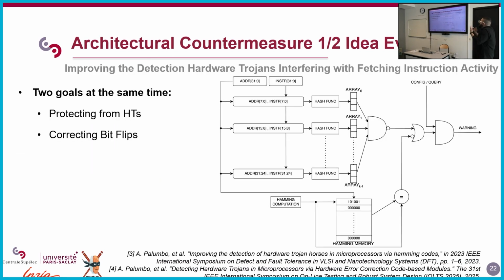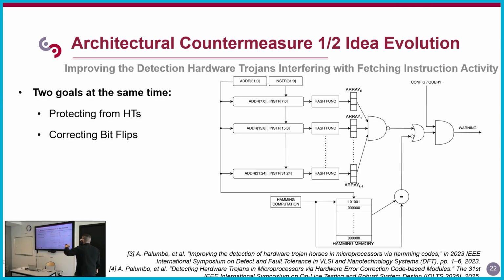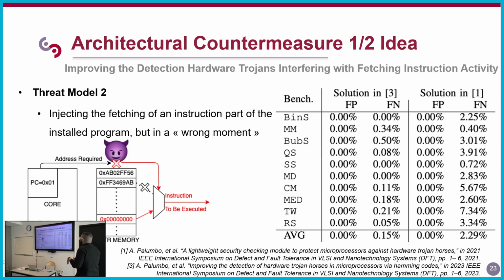If we want to decrease the false negative rate, we could compute in parallel, for example, some parity bits, and consider, in addition to the bit arrays, also the ECC, for example. And in fact, in the third implementation, we lowered the false negative rate for the second threat model.